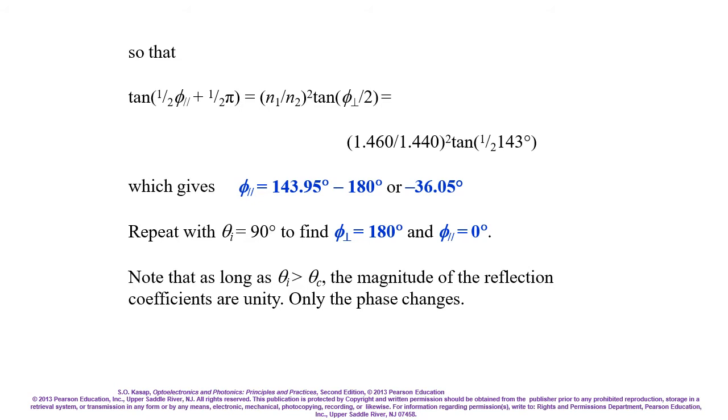Repeating for theta I equals 90 degrees, we get phase shifts of 180 degrees and 0 degrees. Note that as long as theta I is greater than theta c, the magnitude of the reflection coefficients is unity. Only the phase changes.